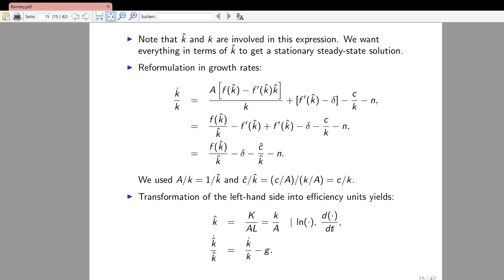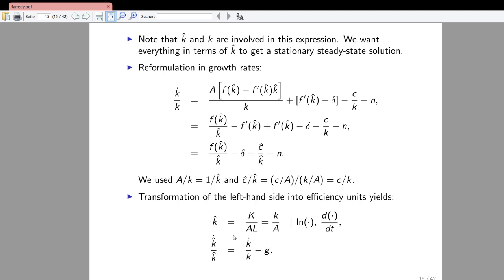So that was the rule of calculating growth rates in continuous time, as you remember it from the chapter on dynamics. Now, if we take the logarithm, we get the logarithm of lowercase k minus the logarithm of A, and if we take the derivative with respect to time, then we get the growth rate of capital per worker minus the growth rate of technology. And the growth rate of technology we denote by g. And that implies that the growth rate of capital per unit of effective labor is equal to the growth rate of capital per worker minus the growth rate of technology, so minus g.